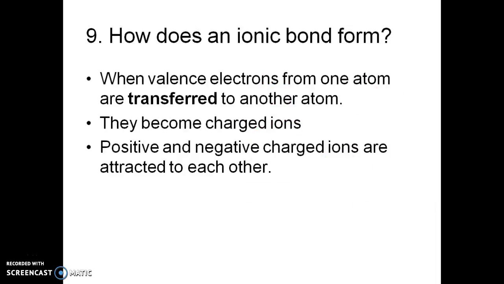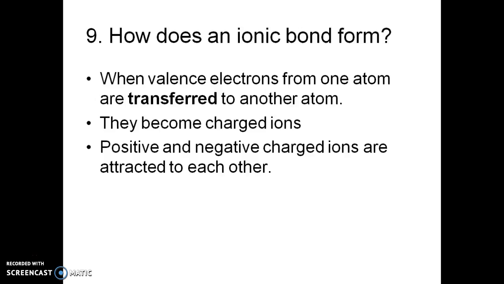So number 9 asks, how does an ionic bond form? Well, an ionic bond forms when valence electrons from one atom are transferred to another atom. So if an atom loses one electron because it gets stolen, so to speak, by another atom, then each of these atoms becomes a charged particle.